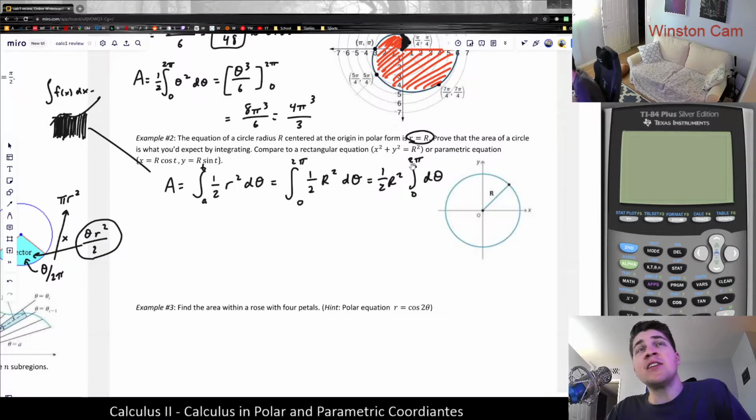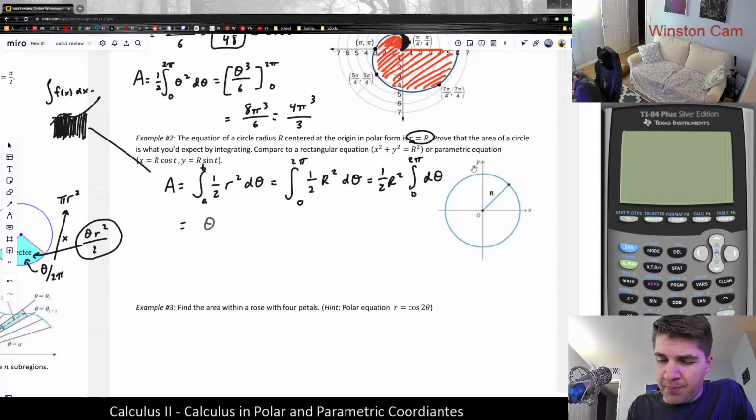If we factored everything through, there'd be a 1 remaining, and we know the antiderivative of 1 is just theta, so that's what we'd end up with, theta integrated from 0 to 2 pi.